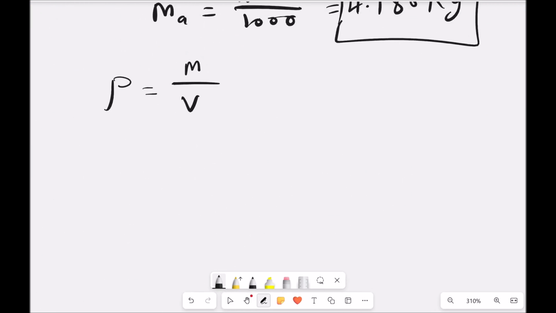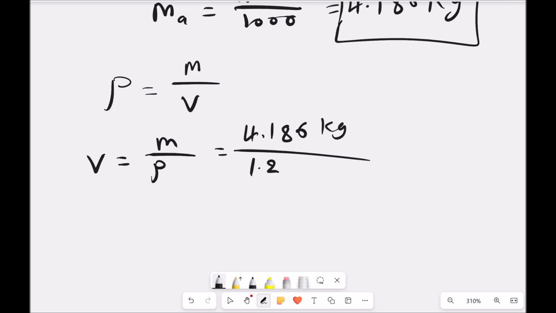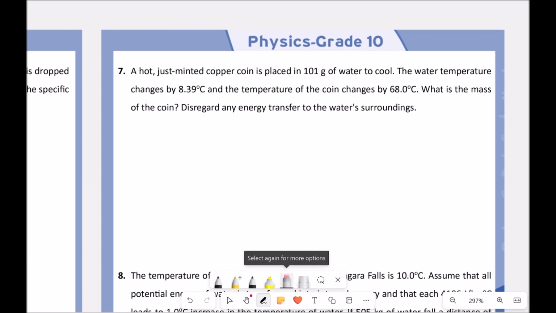So the equation for volume will be mass divided by density. Mass is equal to 4.186 kilogram. Then density is equal to 1.29 kilogram per meter cube. Kilogram cancels, and you have 3.25 meter cubed.